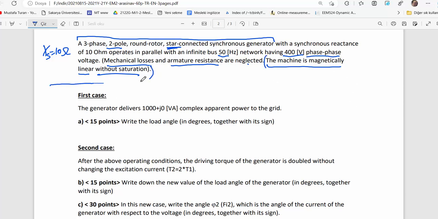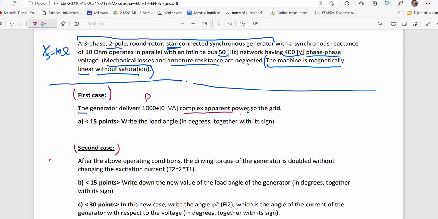That was the definition. As a first case, there are two different cases. In the first case, the generator delivers a complex apparent power to the grid. So apparent power is equal to real power plus j reactive power, where j is the complex variable.